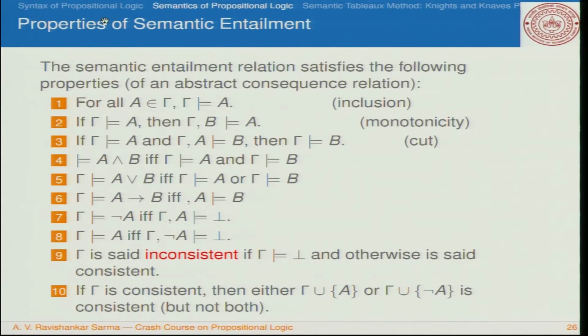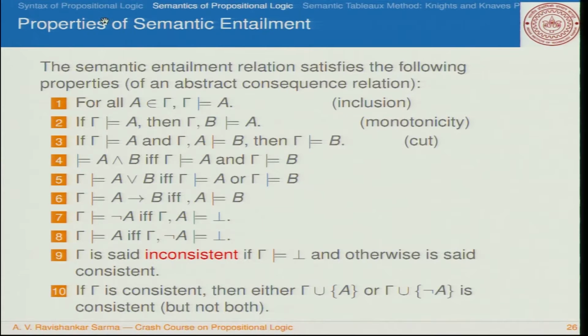There are some important properties of this entailment relation. I do not want to go into the details of all of these, but I will quickly switch to the ninth one: gamma is said to be inconsistent if and only if you can derive a contradiction from the given gamma, or otherwise it is said to be consistent.